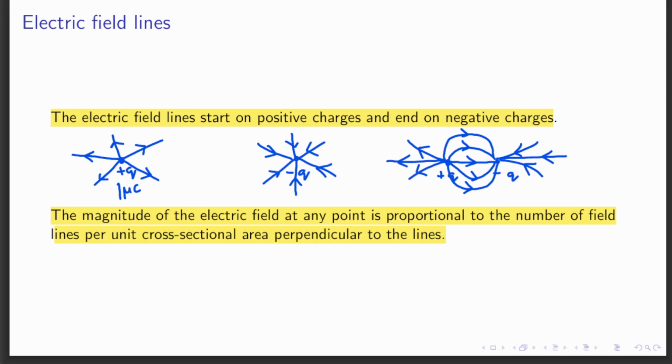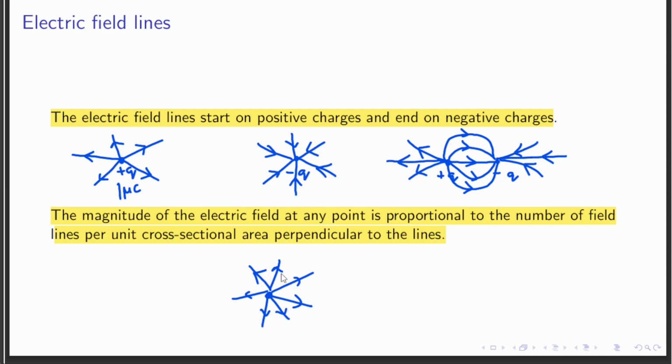Let's expand this property. Say we have a charge Q that is positive and the field lines are as shown.